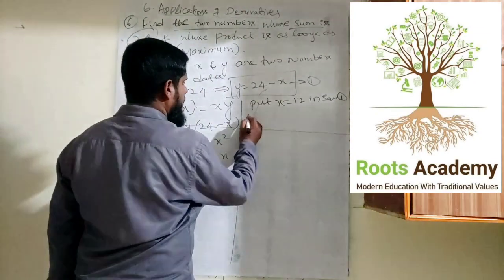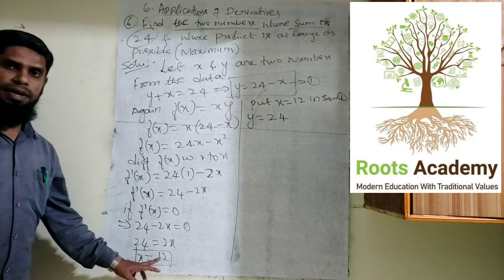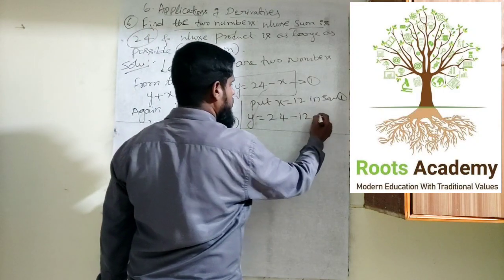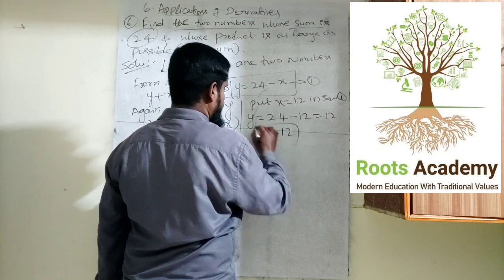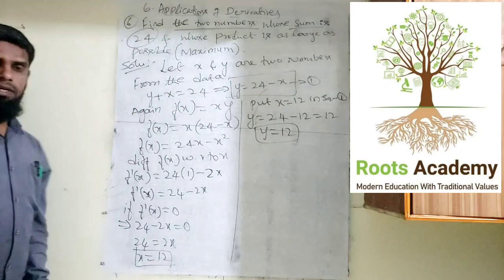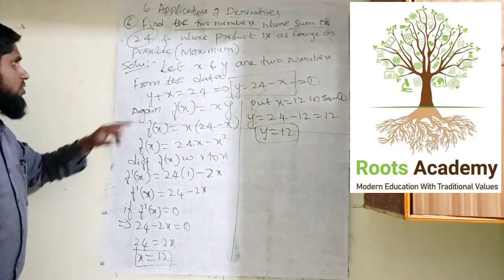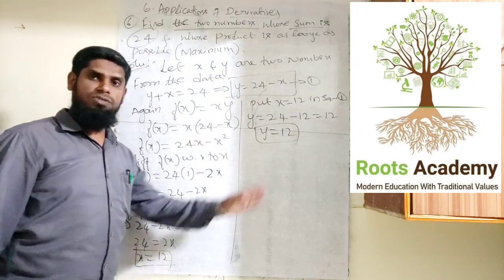So equation 1 is y equal to 24 minus x, and x here is 12. So 24 minus 12 is 12. So y is also equal to 12. Let us check. If I add these two, will I get 24? 12 plus 12, yes, is 24. Okay, first part is over.